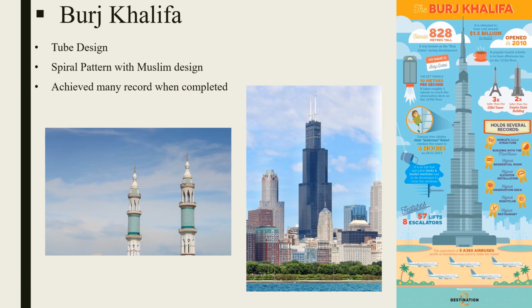It is three times the height of the Eiffel Tower, and if you want to enjoy a good nightlife, it has the world's tallest bar, which is on the 144th floor.